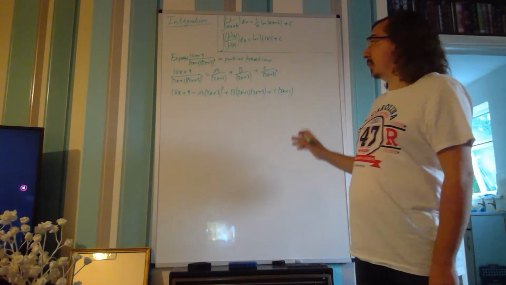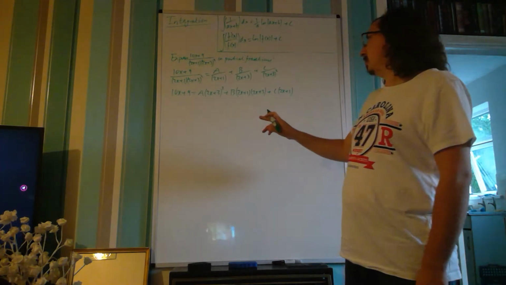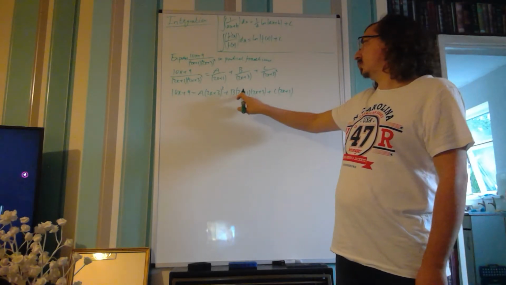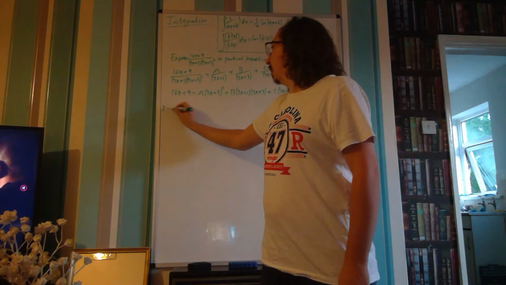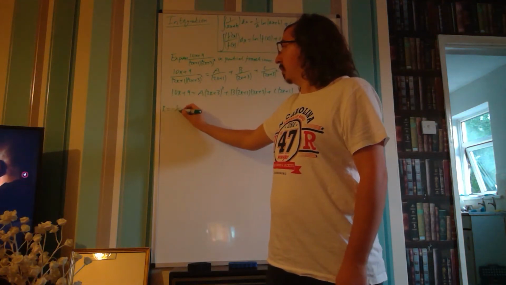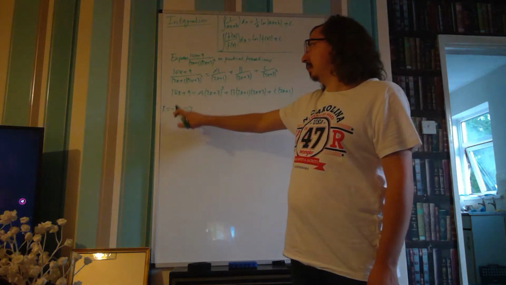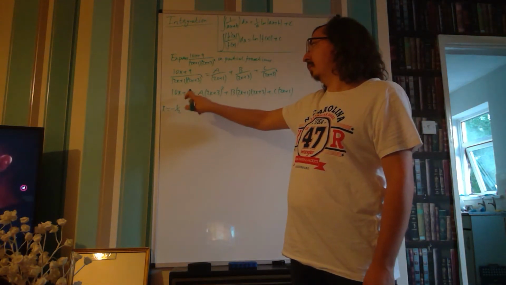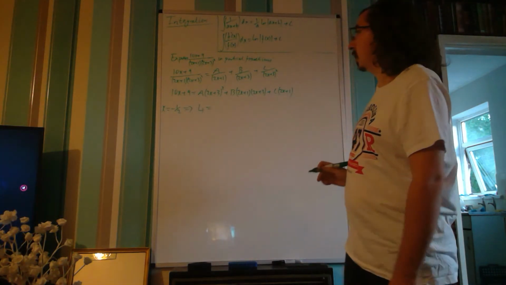And then we need to get rid of some of the terms. So to get rid of this 2x + 1 term, we can substitute in x is equal to minus a half. We have 10 times minus a half, which is minus 5, plus 9, which is equal to 4.